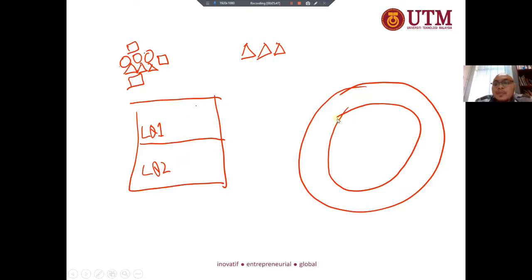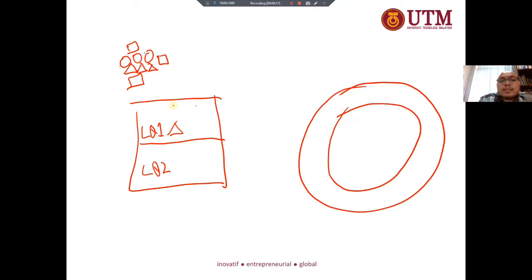For example, let's say the triangle is the one that does not interact the most with the stationary phase, so it will always stay in liquid 1, the mobile phase.